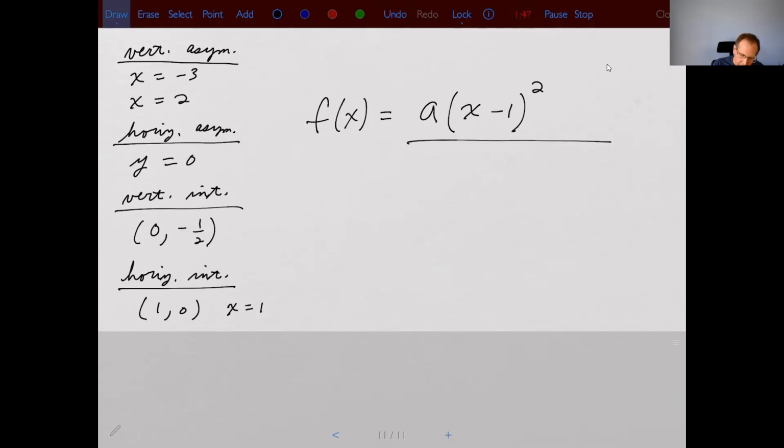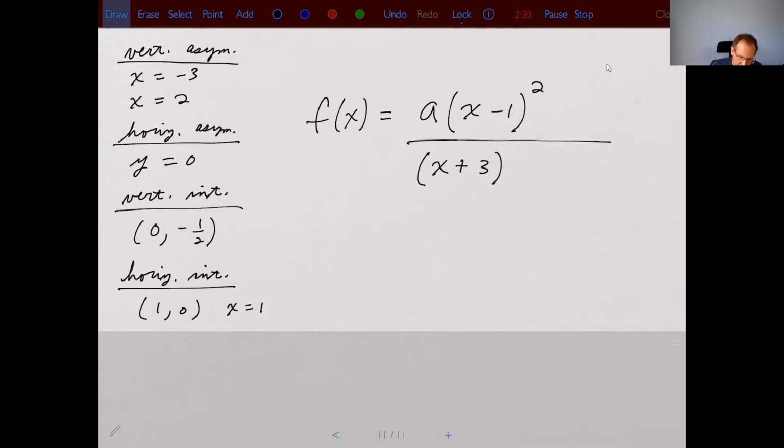And then in the denominator, the factors are associated with the vertical asymptotes. If x equals -3 is one of my vertical asymptotes, then the factor that gave rise to that must have been x plus 3. And since approaching that line from the left side and right side, the function went in opposite directions, one to positive infinity, the other to negative infinity, then I know that the exponent is a 1, so I don't have to do anything else.